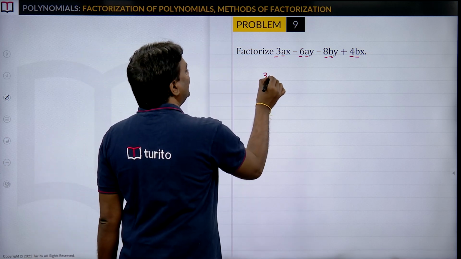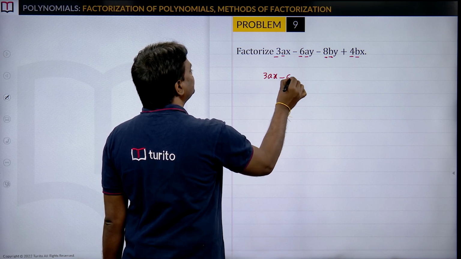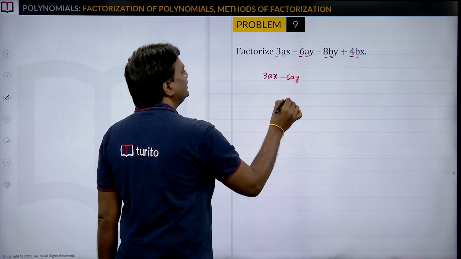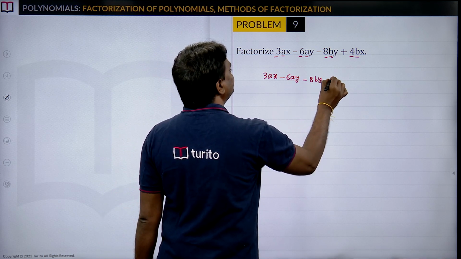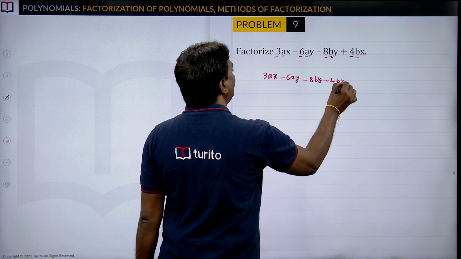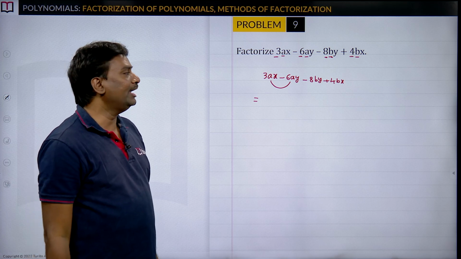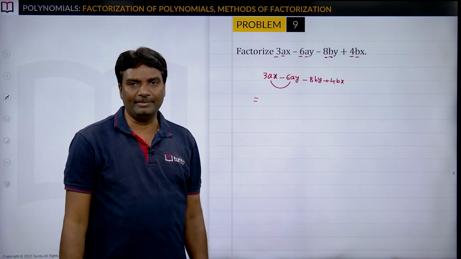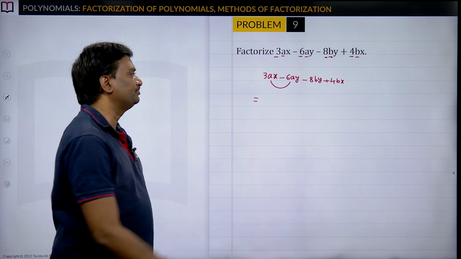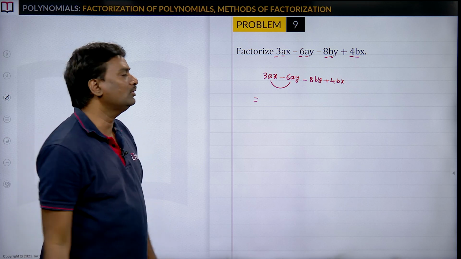So, by writing the given polynomial, we have 3ax minus 6ay minus 8by plus 4bx. Considering the first two terms 3ax minus 6ay, clearly 3 is a common factor because 6 can be written as 3 into 2, and a is also a common factor. x and y are not common factors.